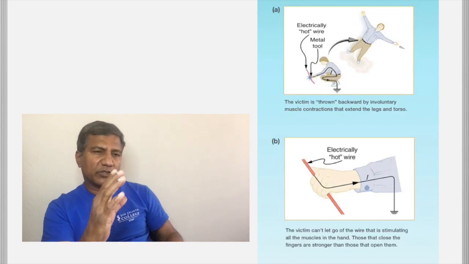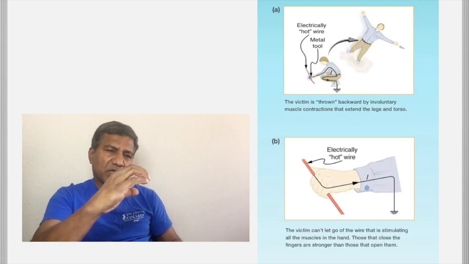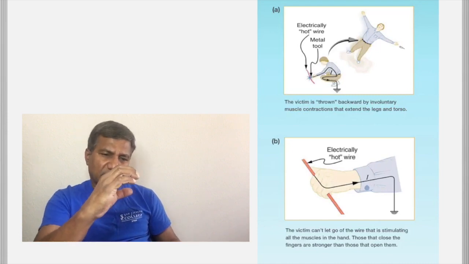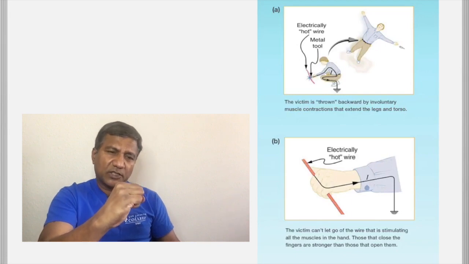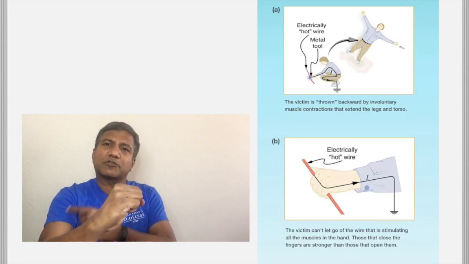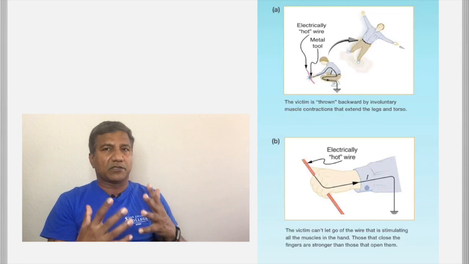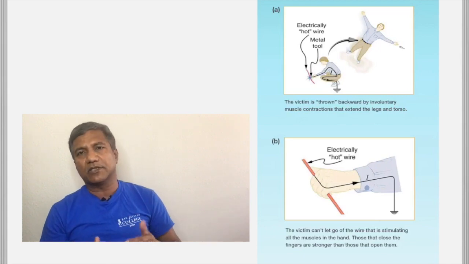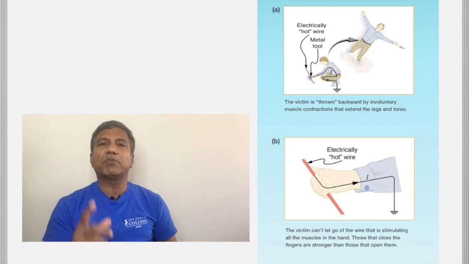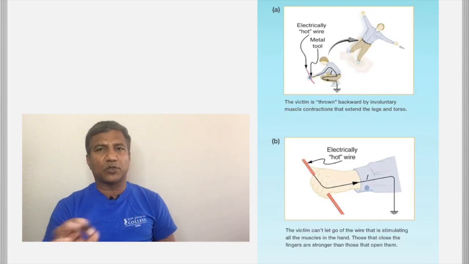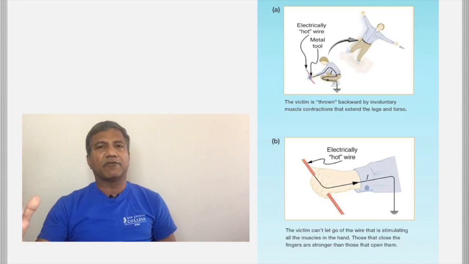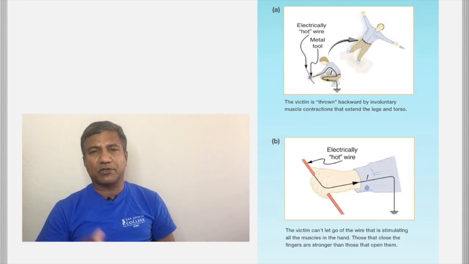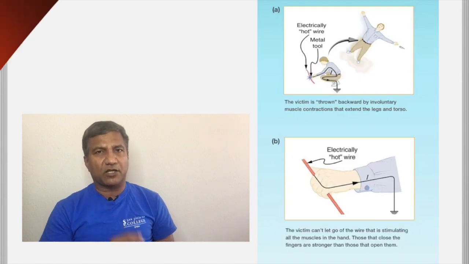So when you touch that live wire, your muscles that close are stronger, and the victim just holds on to it, which means that the current continues to pass through the victim, which could lead to a very dangerous situation. So what's important is to make sure that the fuses are working and that the circuit breakers are tested every now and then so that this kind of thing does not happen.